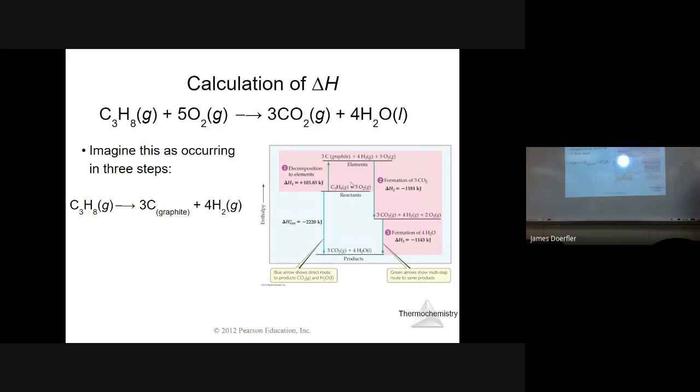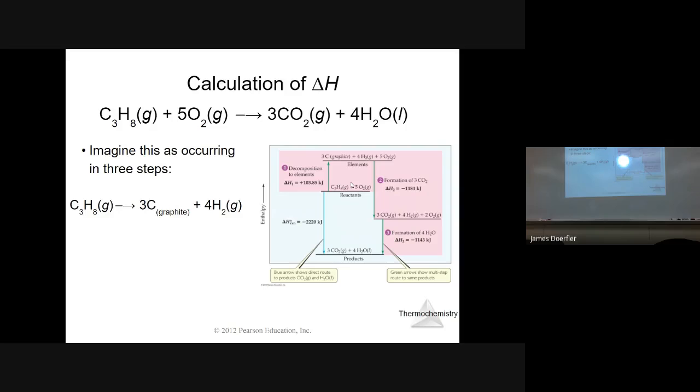So, again, we're using Hess's law, or at least the thought process behind Hess's law, that overall reactions actually consist of smaller step reactions, okay? So imagine this reaction right here at the very top, okay?